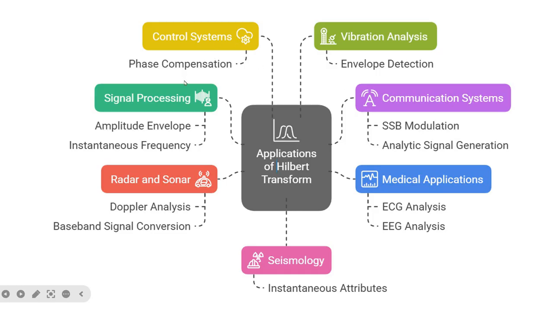Then you have control systems. It is used for phase compensation without affecting the amplitude. You have medical applications, which analyze the ECG and EEG signals for clinical insights. Then comes radar and sonar, where it helps in Doppler analysis and baseband signal conversion.